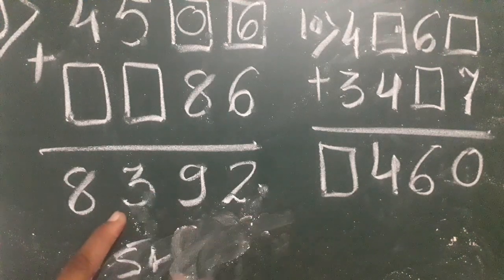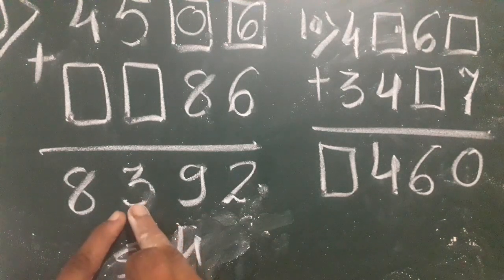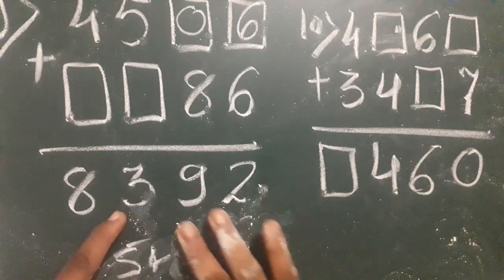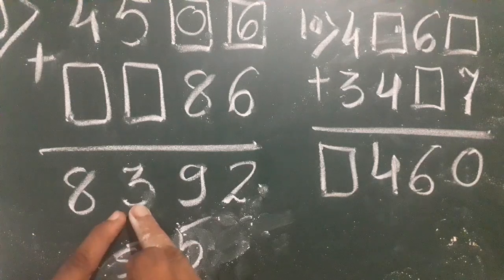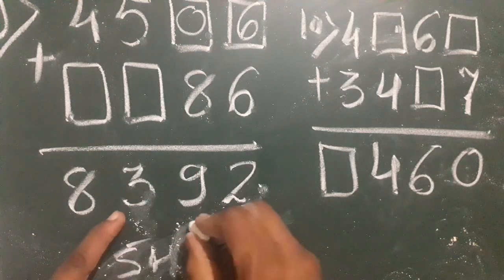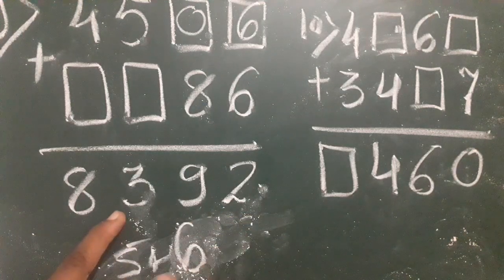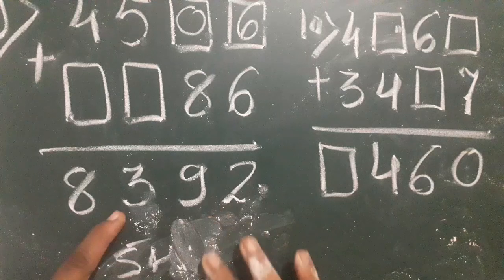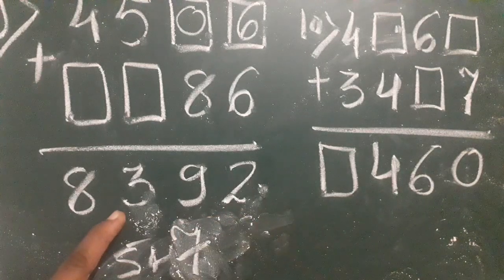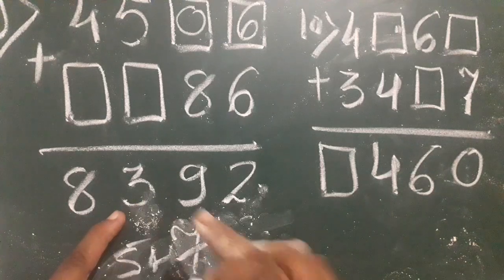No. 5 plus 4 when you do it, it should be 9 which is not here. 5 plus 5 is 10. So it should be 0 over here. So this is also wrong. Go with the next number, 6. So 5 plus 6 is 11. Then it should be 1 over here which is wrong. Go with the next number, that is 7. 5 plus 7 is 12. Then here it should be 2 which is not there.